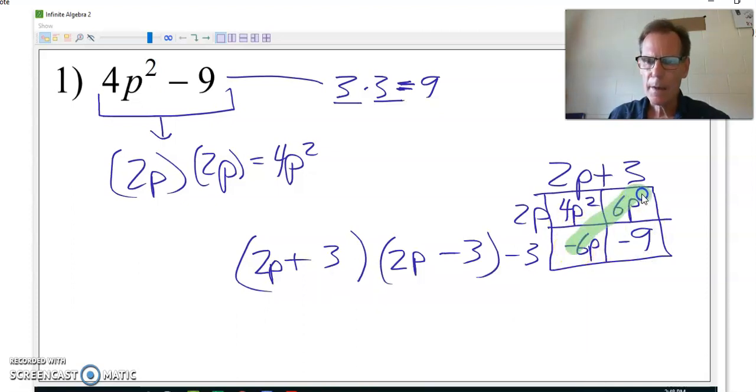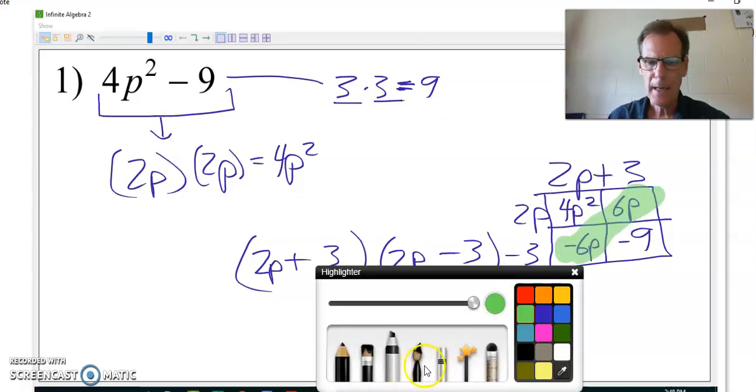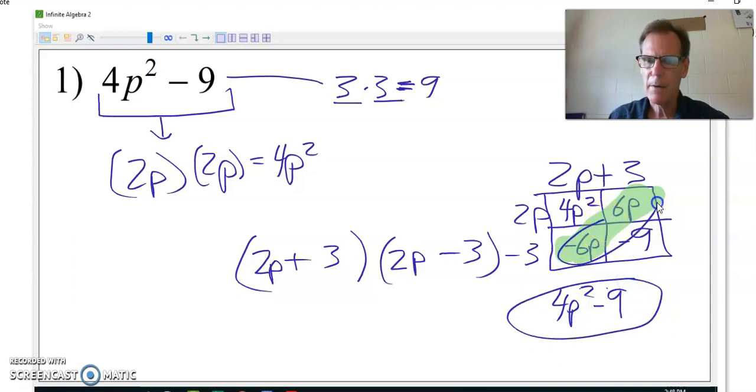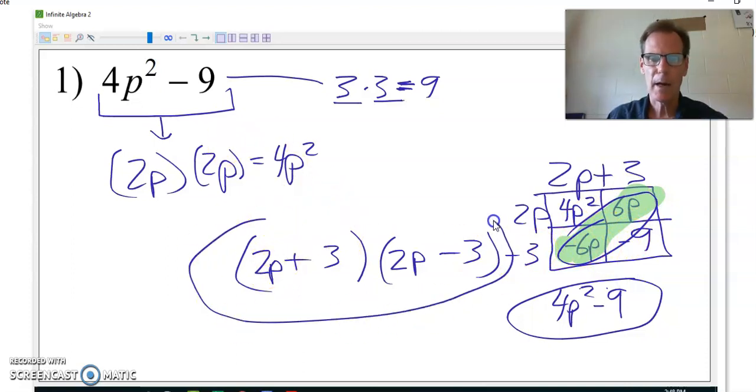Therefore, the like terms right here in this box, they cancel each other out. So you end up with 4p squared minus 9. Right? And these canceled out. So it kind of proved that this was the correct factoring of that original expression.